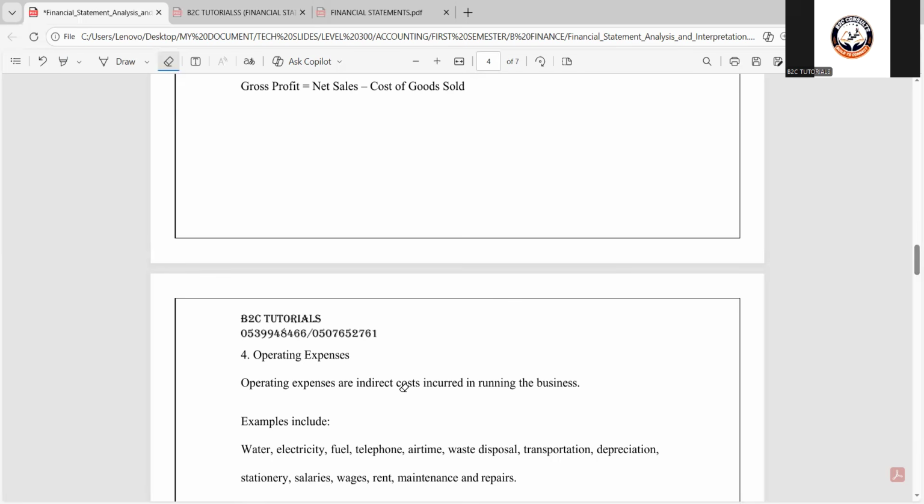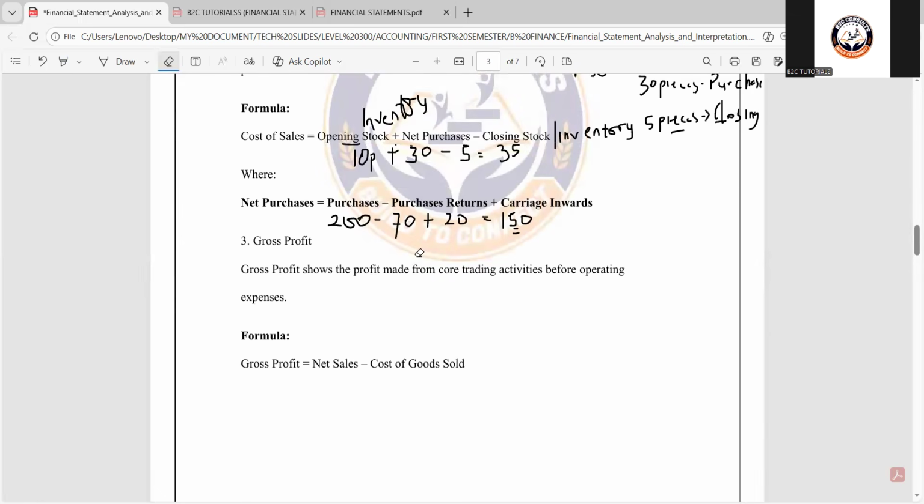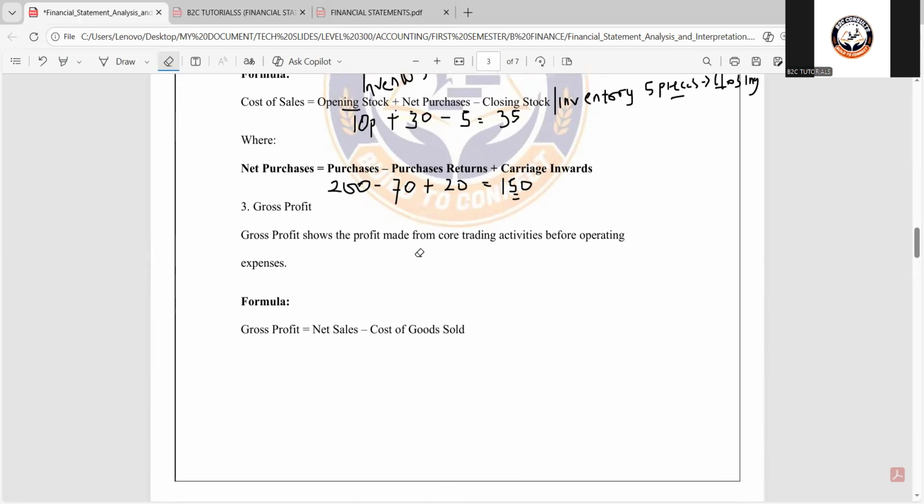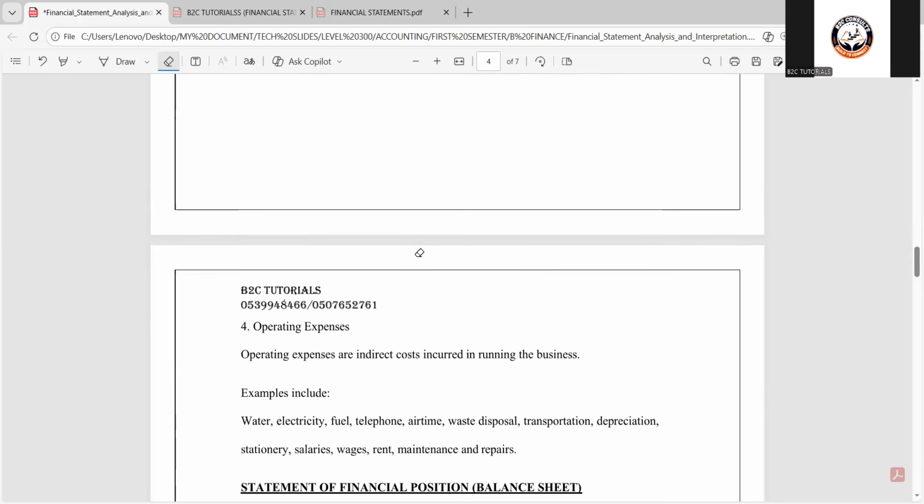They do not relate to what you are doing as a firm. The firm is dealing in eggs. So whatever cost we incur in relation to the egg is what we call direct. But any cost that helps us run the firm is what we call the operating expenses, and they are indirect to the egg. You cannot see the cost with the egg.